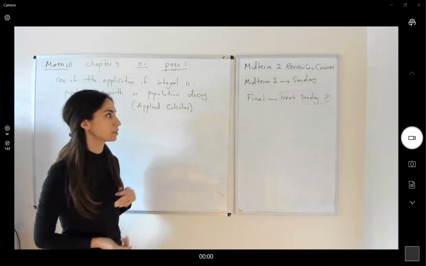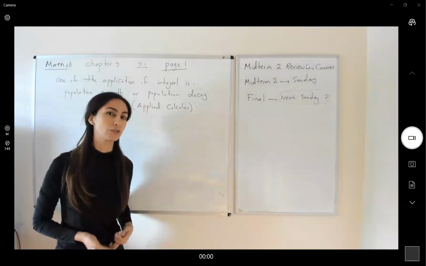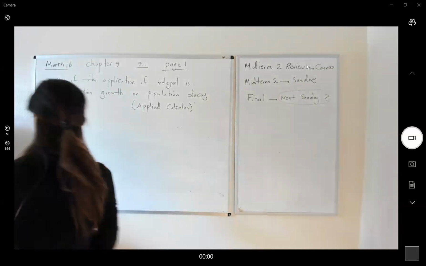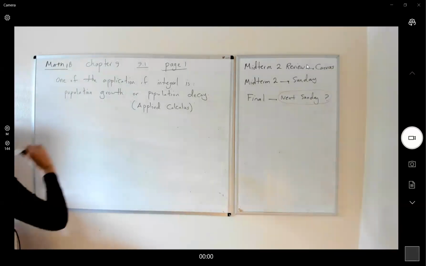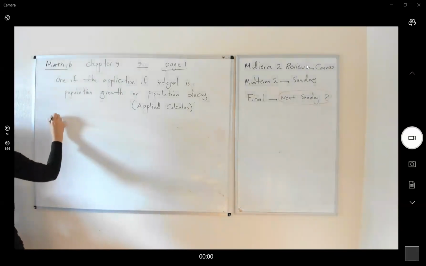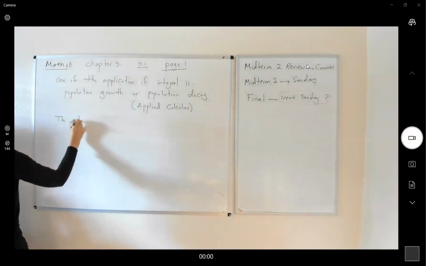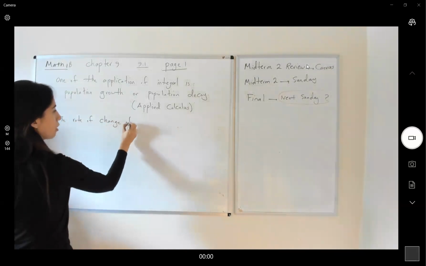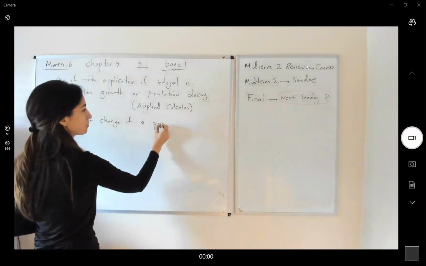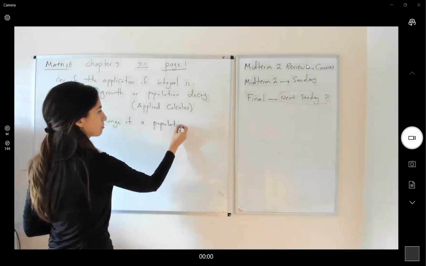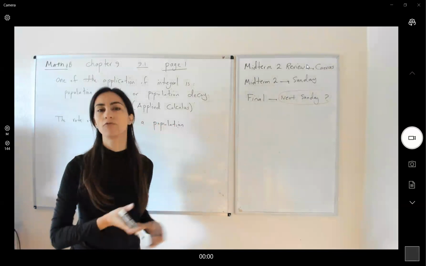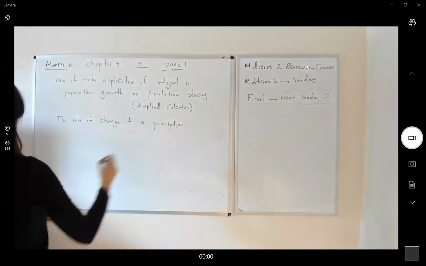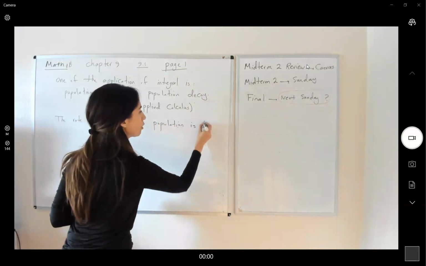For example, one of them is about population, the other one is about vector fields and differential equations. So in general, the rate of change of a population, human population, virus population, and so on, is defined this way.